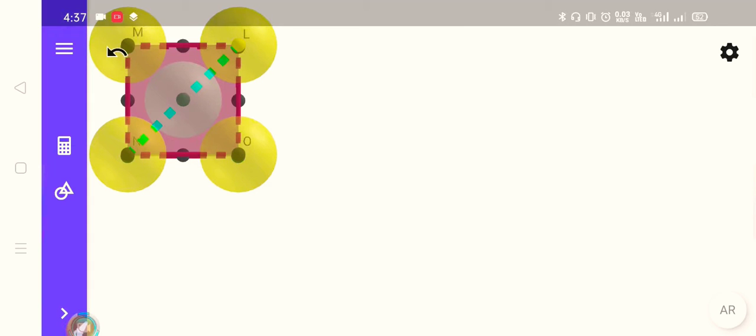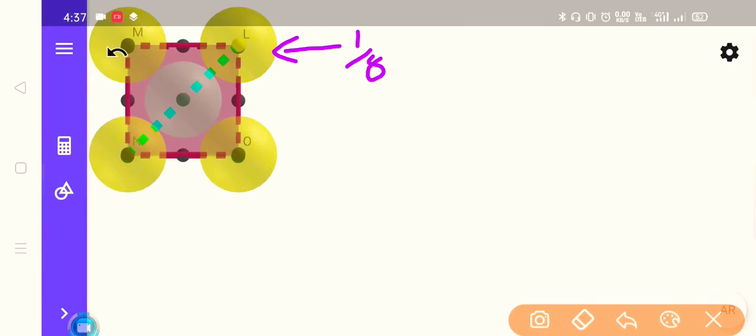Now let us find the occupied volume in percentage, but before that we need to find the total number of spheres. We already know that the total number of spheres is equal to 4 for this case, but let us calculate it. So a corner sphere contributes 1 by 8, and in total we have 8 of them, so the total contribution is equal to 1 sphere.